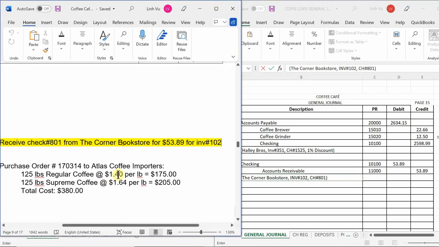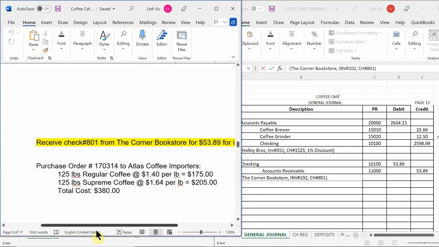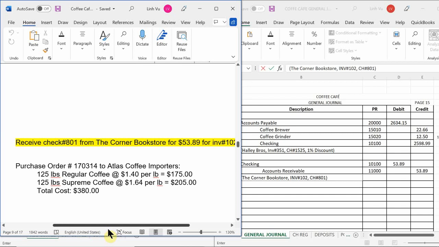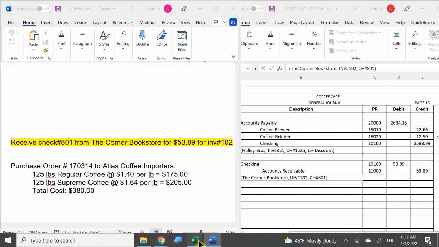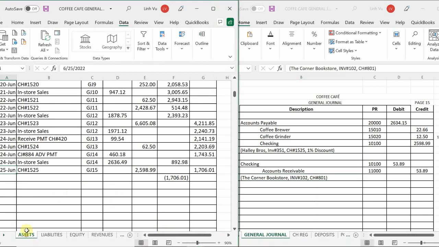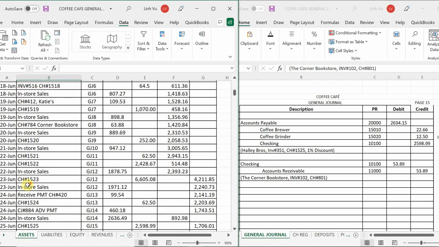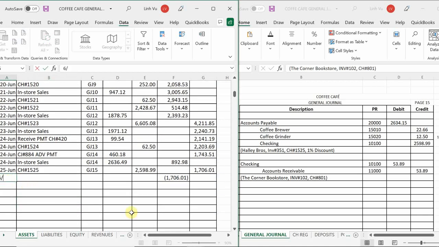So what do we do now? We go to the general ledger. Okay. For $53.89.